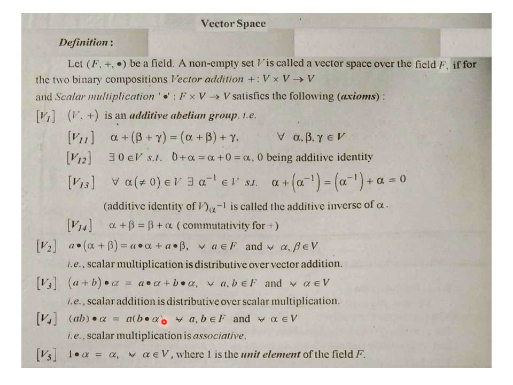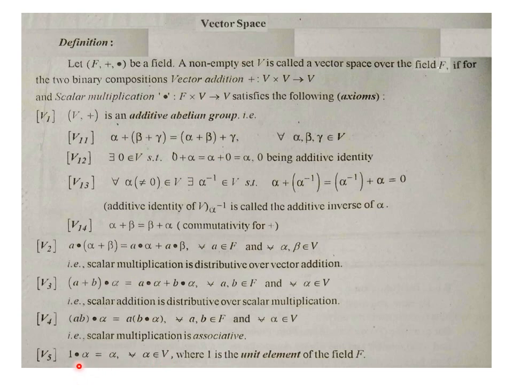If it happens for all a, b belonging to F and all alpha belonging to V, then V4 is satisfied. And finally V5, where 1 is the unit element of field F, and alpha is any element of V, and we multiply these two, it must always come as alpha.